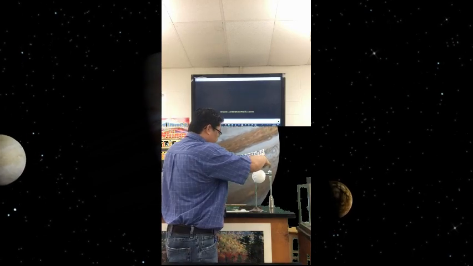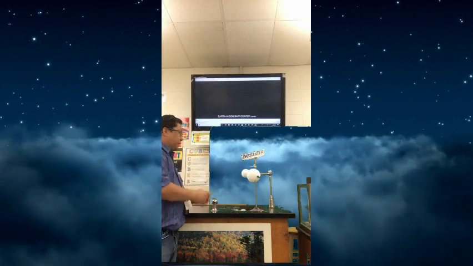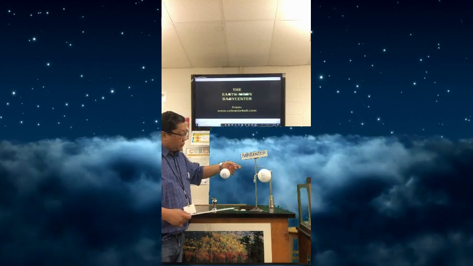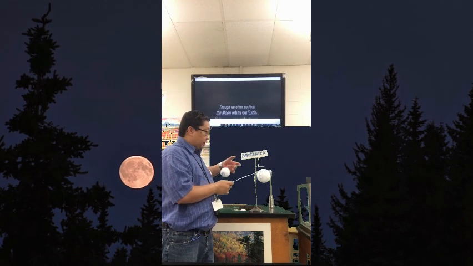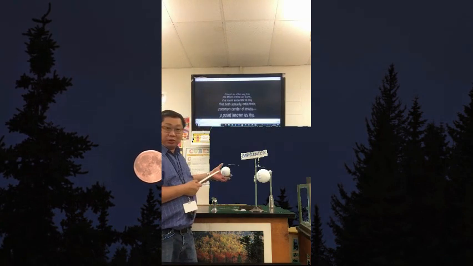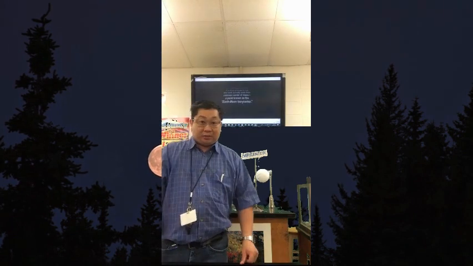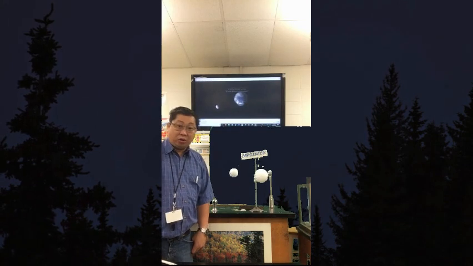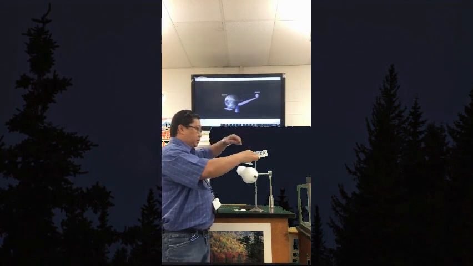Now you would see here that the barycenter of the two objects is closer to the more massive object, in this case, closer to the bigger ball representing Earth, rather than closer to the smaller ball representing the moon. So one concept that you have to remember about barycenter is that it is always closer to the more massive object.